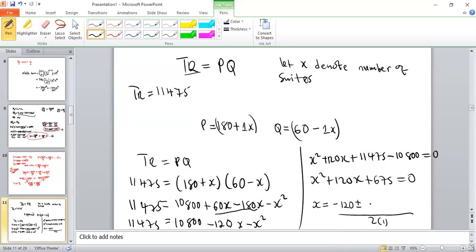Did we make a mistake anywhere when we were expanding these? Not sure. 180 times negative is giving me negative. What's happening? 180 times 60 gave us what? 10,800.